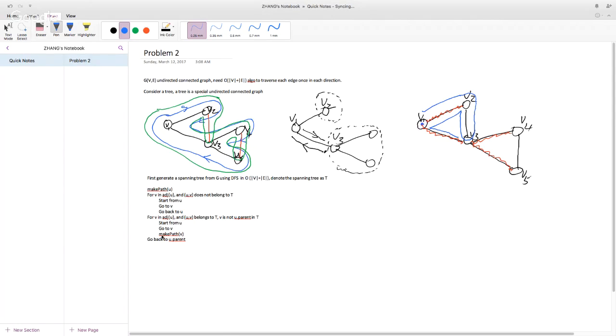Now we are at V3 and call the make path algorithm on V3. So the make path will create a path on this subgraph. For time's sake, let's say it completes this subgraph.